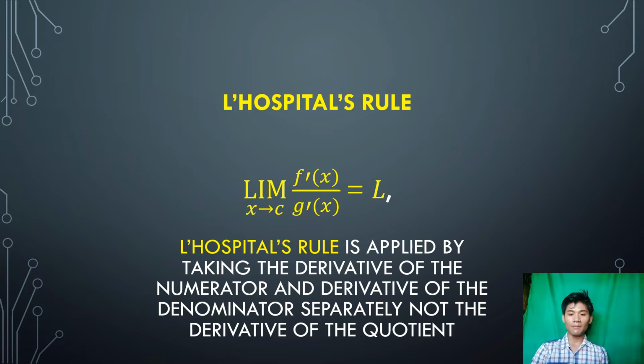L'Hopital's rule is applied by taking the derivative of the numerator and the derivative of the denominator separately, not the derivative of the quotient. If you are planning to use L'Hopital's rule, always remember that you must differentiate both the numerator and denominator separately, not the derivative of the quotient.